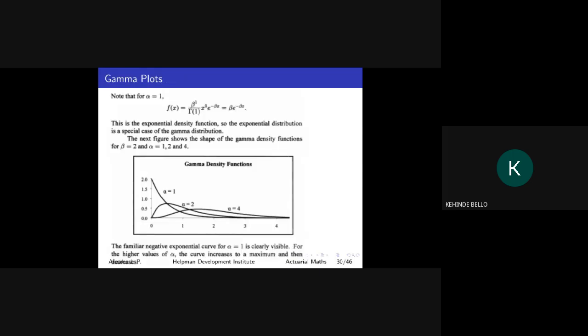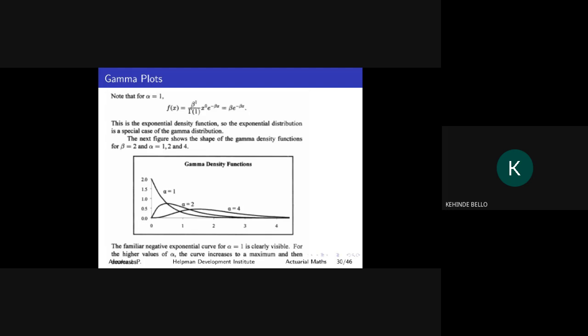So let's look at it more clearly. We see that here at alpha equals 1, we represent it with k. Or here alpha equals 1, we have gamma of 1, we have beta raised to the power of 1, we have x raised to the power of 0, and we have minus beta x. So this gives us the exponential distribution. So the exponential distribution is a special case of the gamma distribution where the shape parameter k is equal to 1.